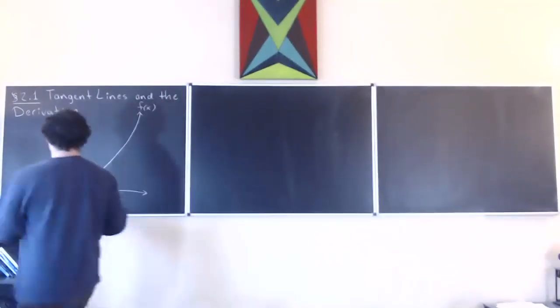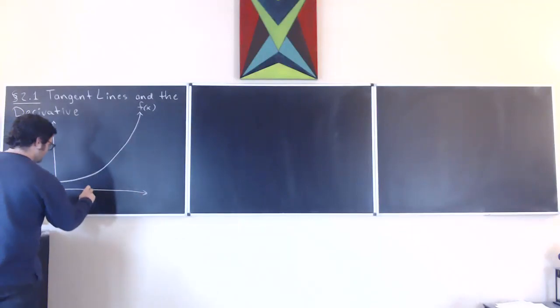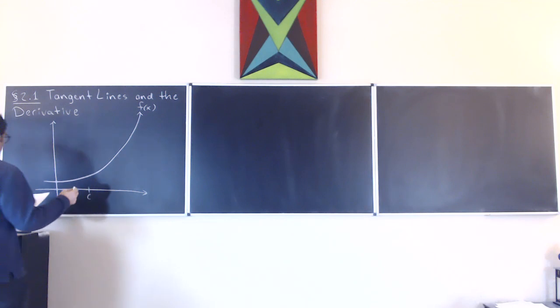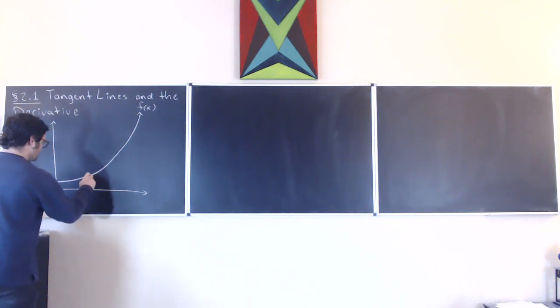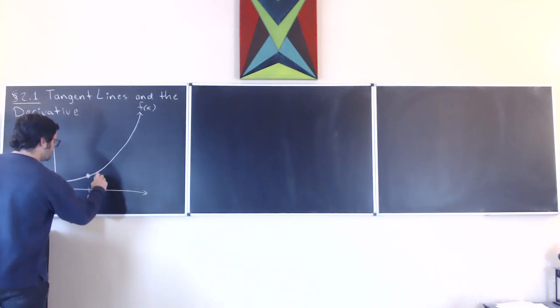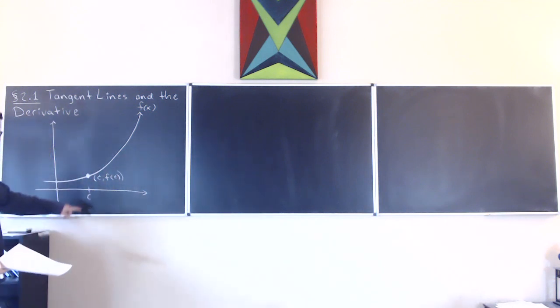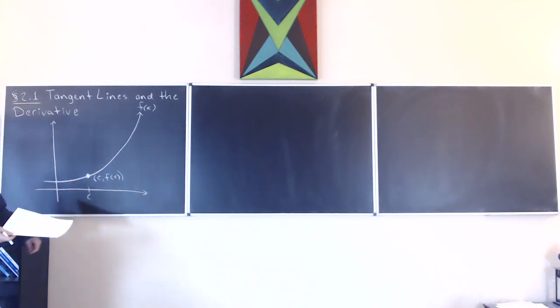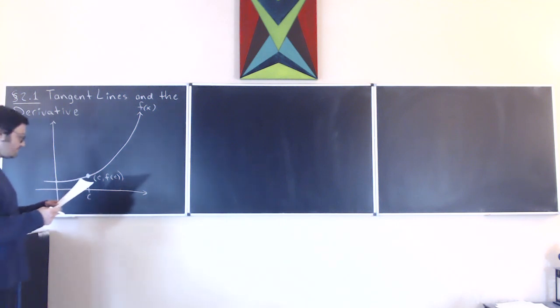And suppose we have a point on the x-axis called c, right? And then this point on the graph would be c comma f evaluated at c, right? So we just pick some c and we see that we have a point there on the graph of the function.